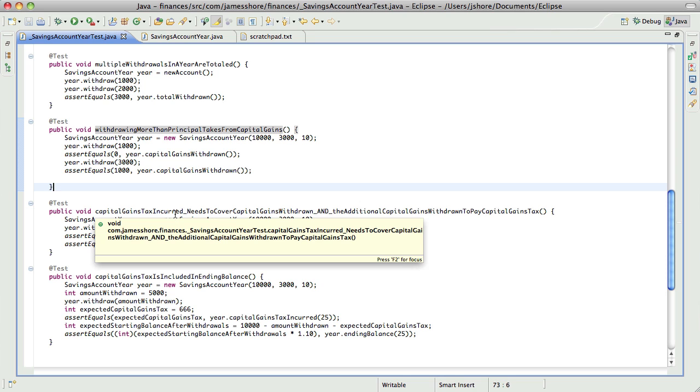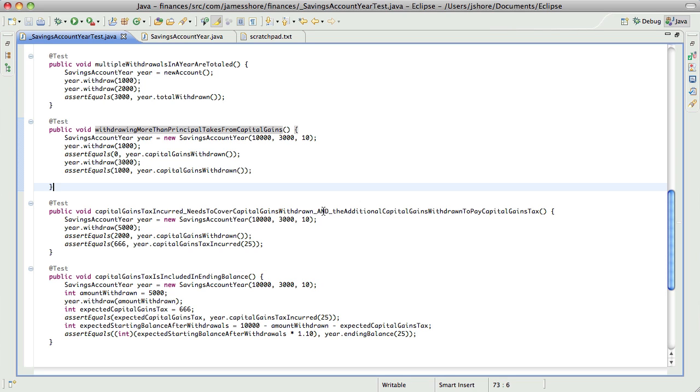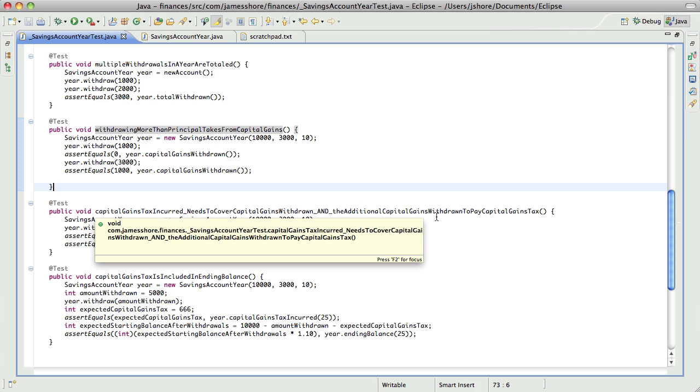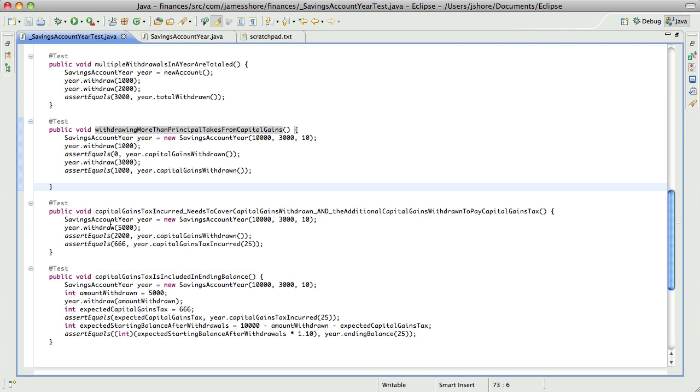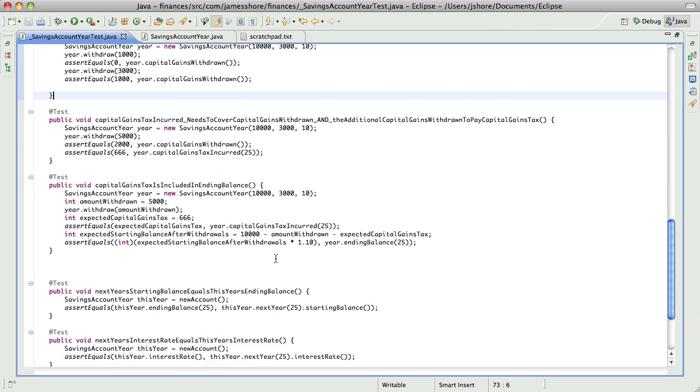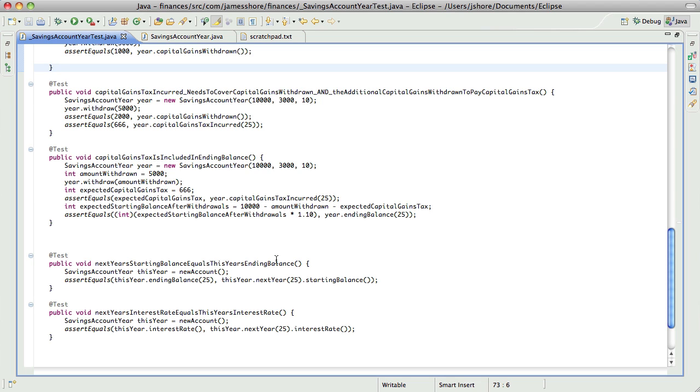Capital gains tax incurred needs to cover capital gains withdrawn and the additional capital gains withdrawn to pay the tax. And capital gains tax is included in ending balance. There, that's all pretty clean.